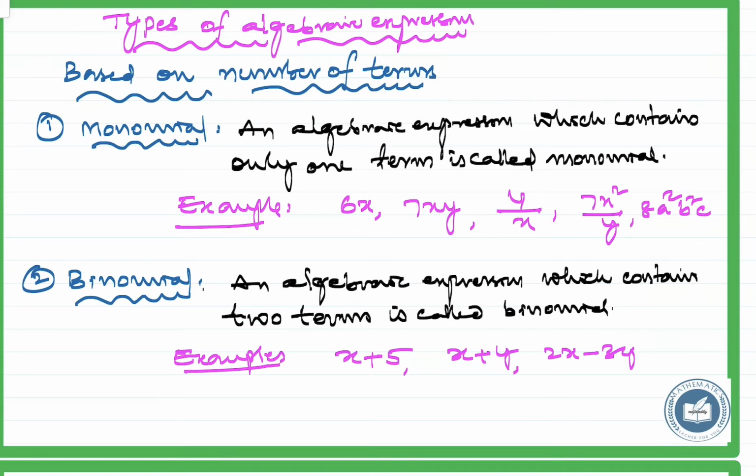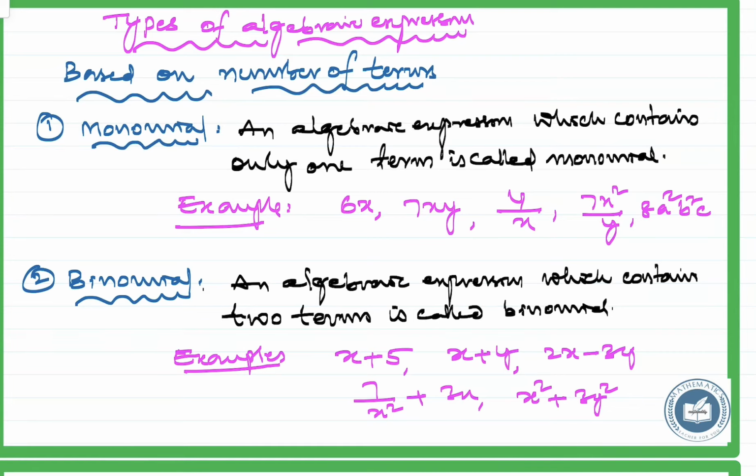Next, 7 upon x square plus 3x, this is also an example for the binomial. Another you can write: x square plus 3y square. It contains two terms, therefore this is also an example for binomial.